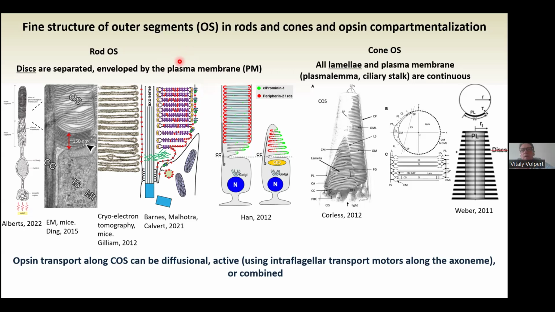And also, according to your results and your explanation, in cones active transport through microtubules is not essential, but maybe it is essential for rods, right? For rods, we believe that this is also not essential, because the number of molecules which should be transported, for example, through the connecting cilium is about 1,000 per second.